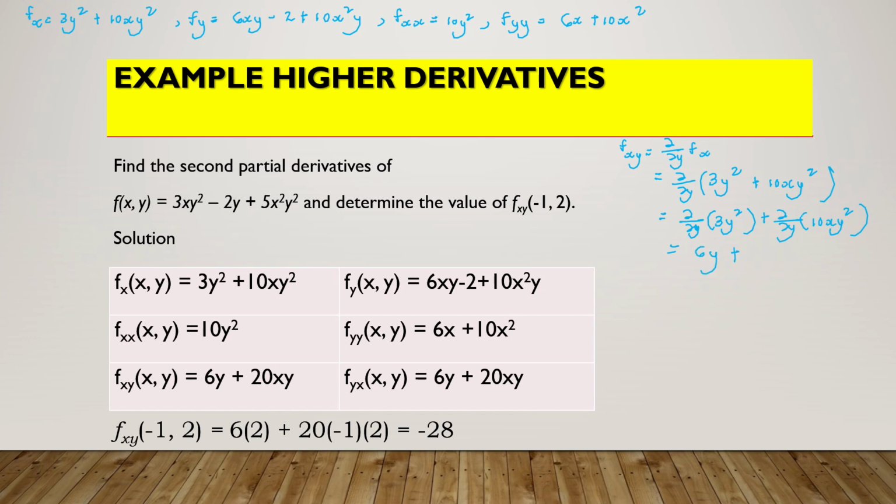When 10x is constant, you can factor out 10x and then ∂/∂y of y squared you have 2y. So total is 6y plus 20xy here. This is fxy.